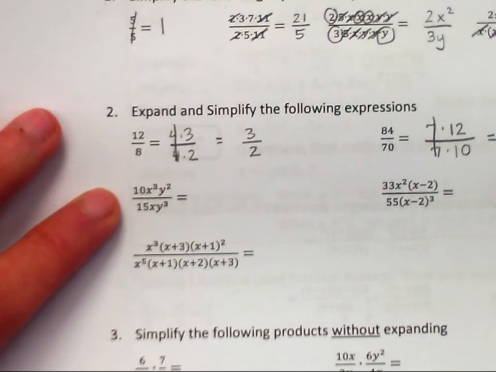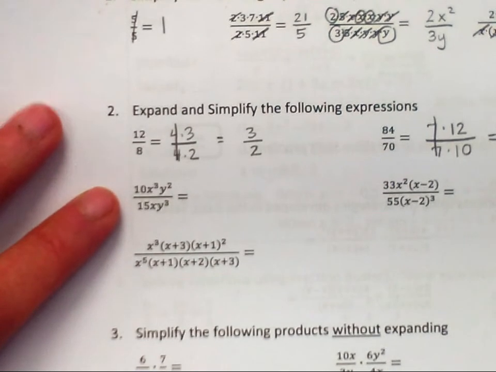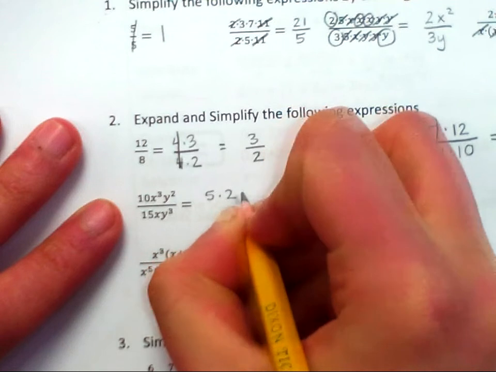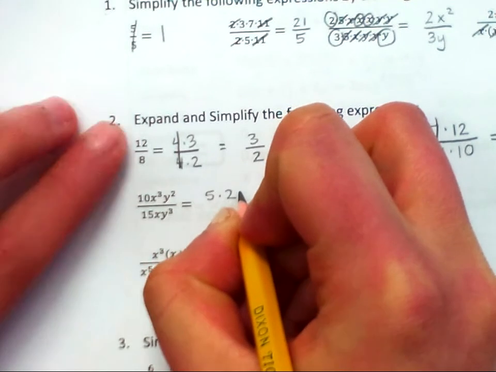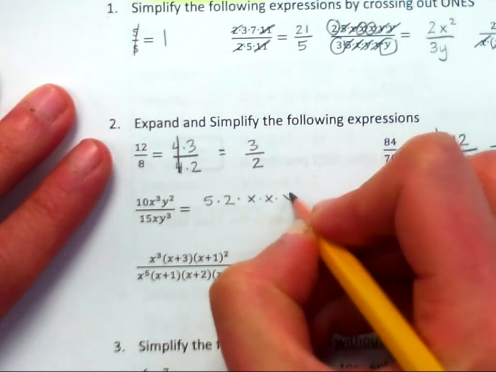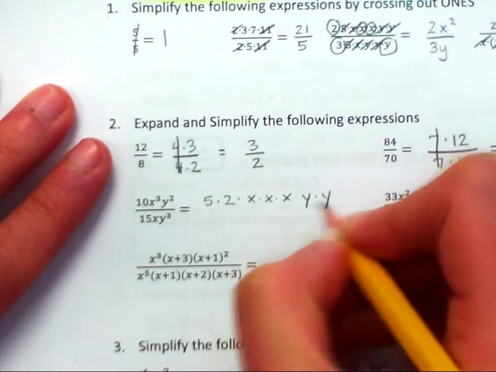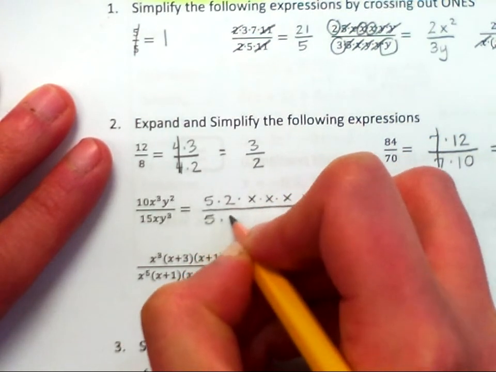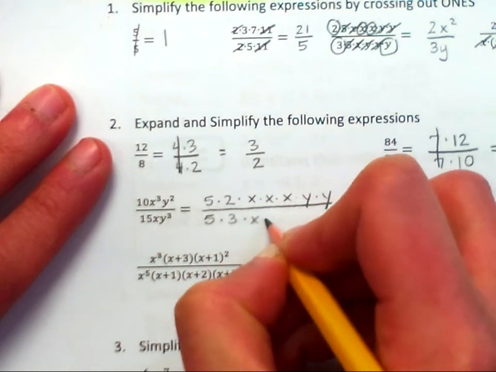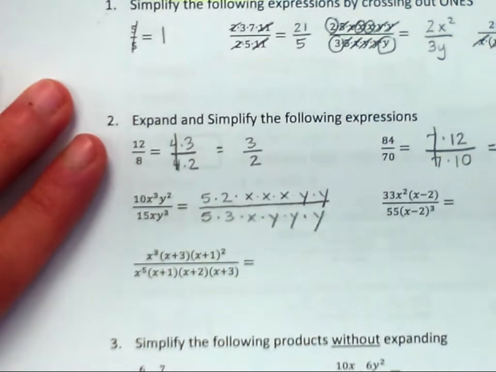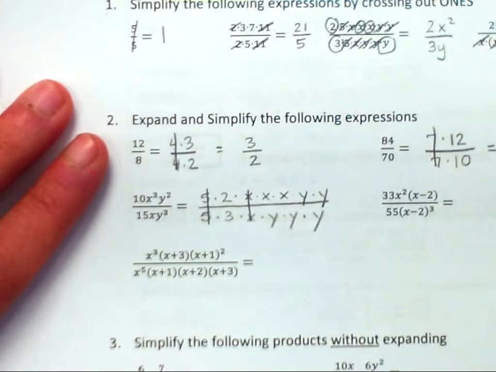Okay, 10 and 15. I'm going to rewrite 10 as 5 times 2 and then keep rewriting it out because the directions say expand. So we're going to do x, x, x, y, y over 5 times 3, x, y, y, y. 5 over 5 can cross out, x over x.